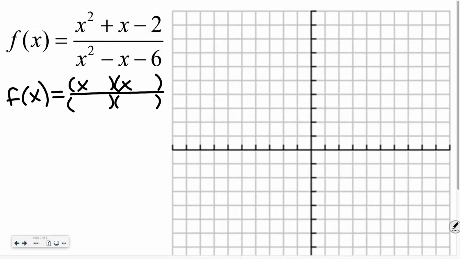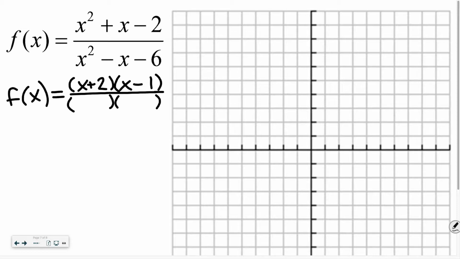Okay, we need something to multiply to -2 and add to 1. So what two numbers multiply to -2? 2, for sure 2, and 1. If we want them to add together to be a positive number, should I make the bigger or the smaller one negative? So plus 2. Beautiful. x plus 2, x minus 1.